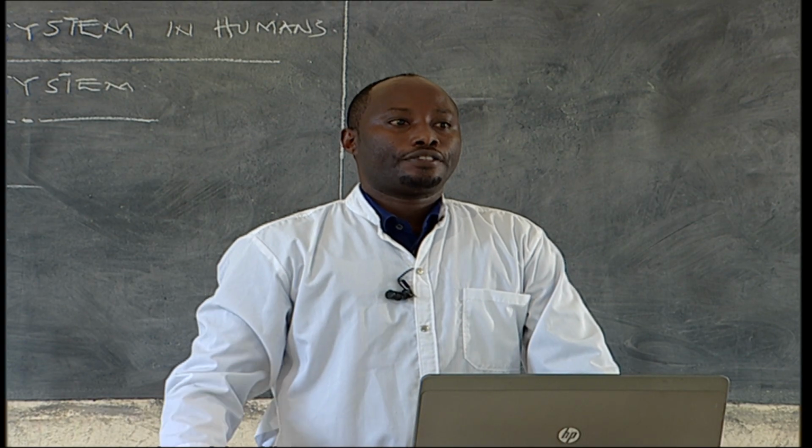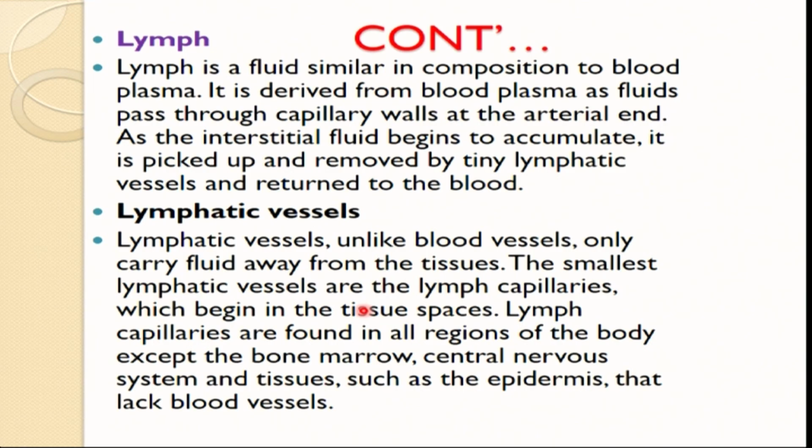I say lymph is a fluid similar in composition to plasma. It is derived from blood plasma as fluid passing through the capillary walls as interstitial fluid, as I mentioned at the beginning, accumulated, picked up, and removed into the lymphatic vessels, and it returns to the blood system. What are lymphatic vessels?